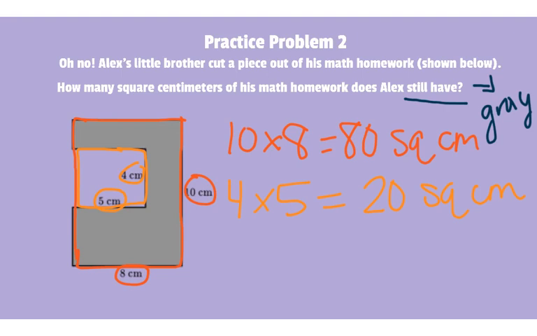Now, to find just the gray part, I'm going to take the area of the red section, which is the whole thing, includes everything. Maybe I'll even write that out here. All right, the whole shape minus 20, which is the area of the cut out.